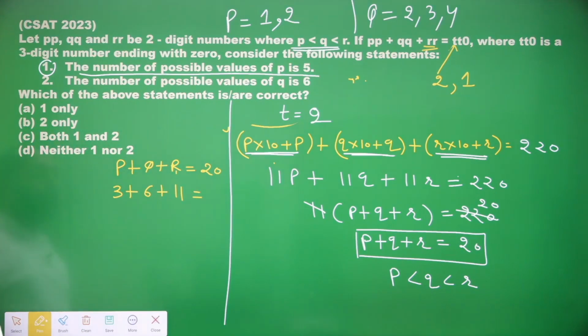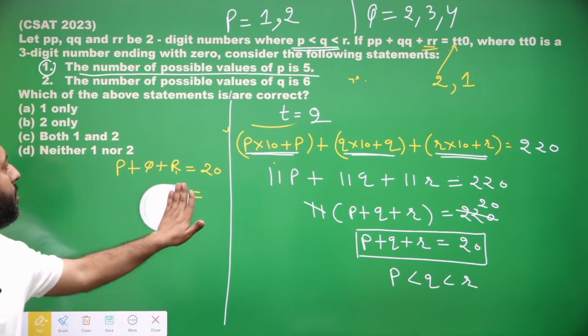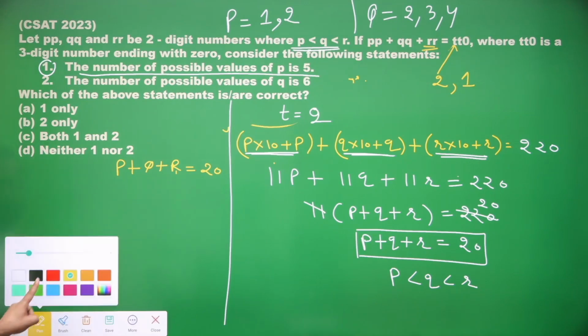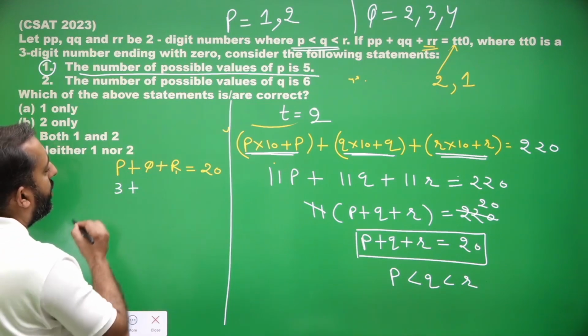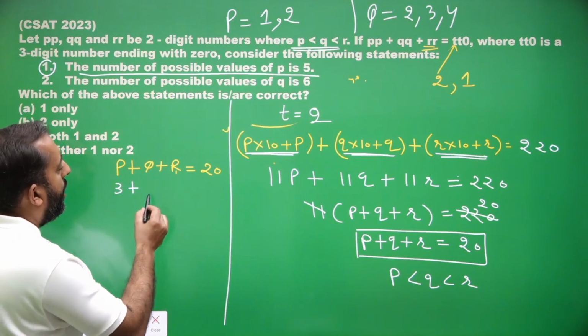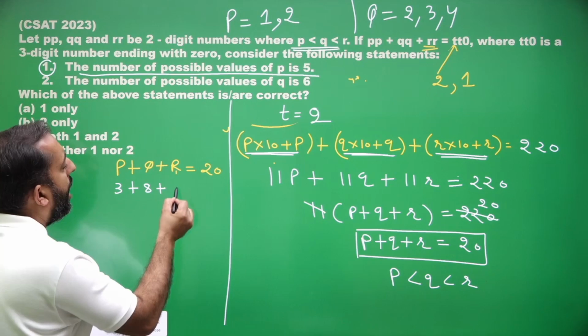Now, let's check out the other values. Let me consider P to be 3, Q to be 8 and R to be 9.